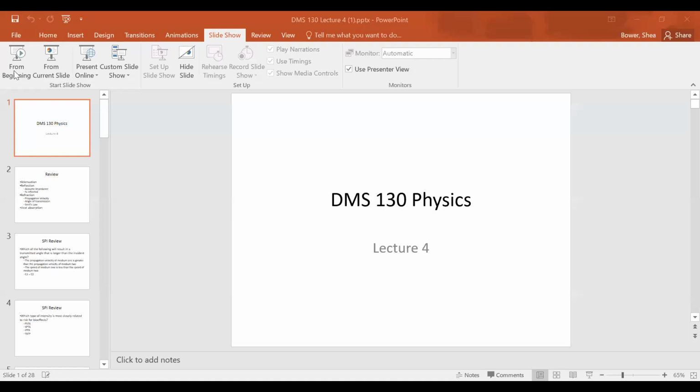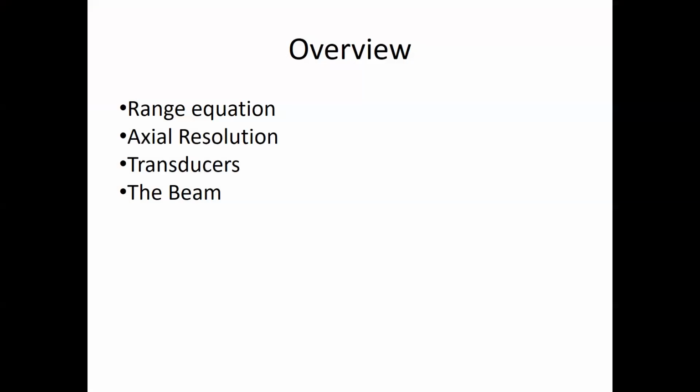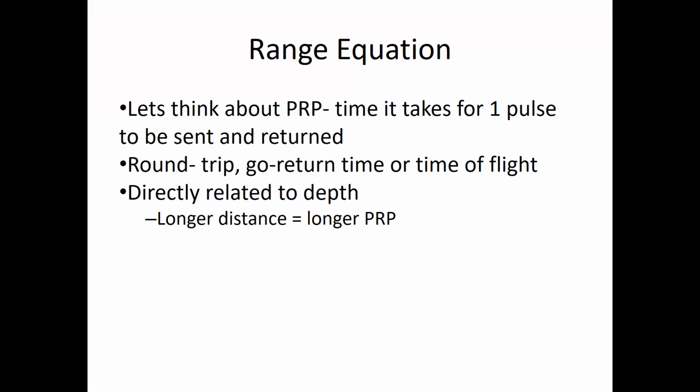Okay, from current slide. Okay, so range equation, axial resolution, transducers, and the beam. So range equation. This is kind of what we talked about earlier with PRP. Our machine is using a predictive value to determine the depth that it needs to put a reflector at. So if my beam goes in for 10 centimeters, so 130 microseconds, and my machine receives that at 130 microseconds, it's going to put that particular reflector at 10 centimeters of depth.